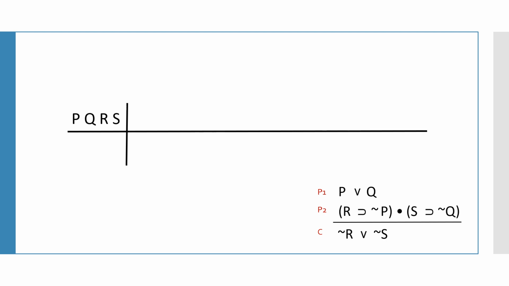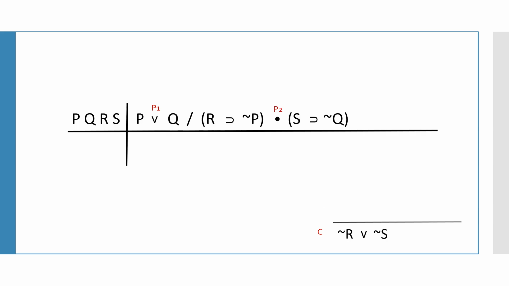out this mess. So what we can do with an indirect truth table is set it up like we would a truth table, and then simply list our 4 simple terms in this case on the left-hand side. And then we just need to start plugging in our premises. Premise 1 goes first. Separate that from premise 2 with a single slash. Lay out this long, complicated mess for premise 2.